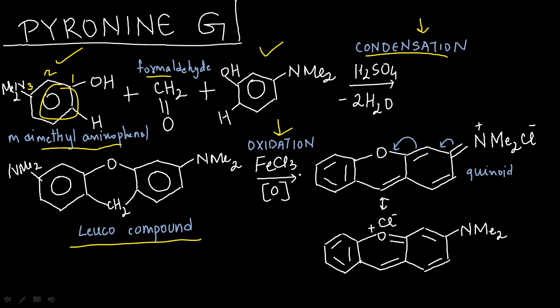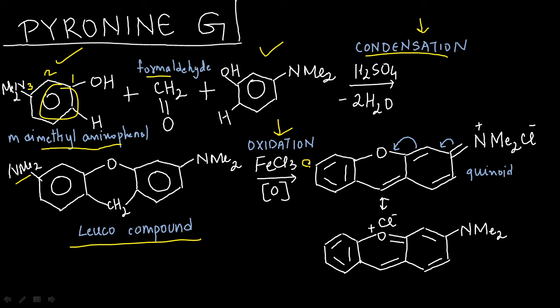And what we have here is this quinoid structure. So what we see is this NMe2 group is being removed here. There is no NMe2 group here.